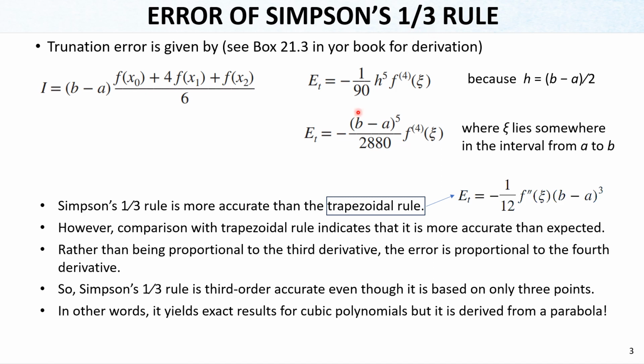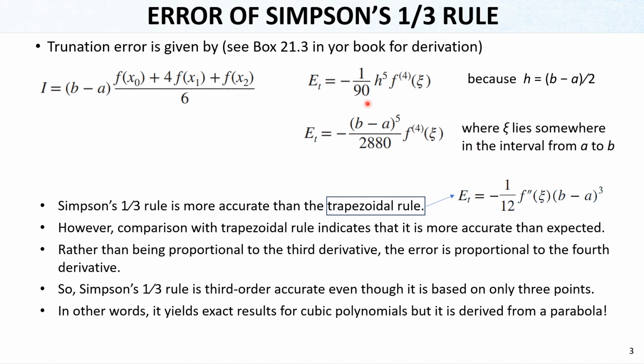Even though it is a second order polynomial, the truncated portion, the error, has the fourth derivative instead of the third derivative. That's why it is very accurate. And the true error is given with this h^5 and the fourth derivative, where psi lies somewhere in the interval from a to b.